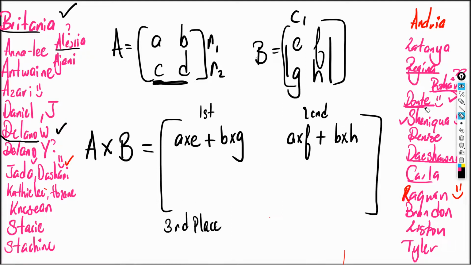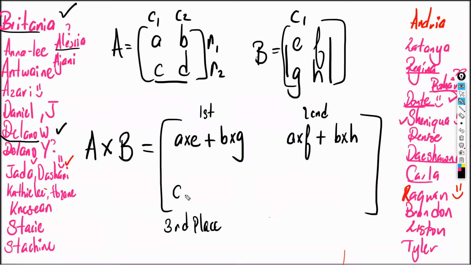So let me do that again, guys. For this third place down here, it's in the second row, but it's in the first column, right? So column 1, column 2, row 1, row 2. C is in row 2, column 1. So we're going to multiply row 2 by column 1.